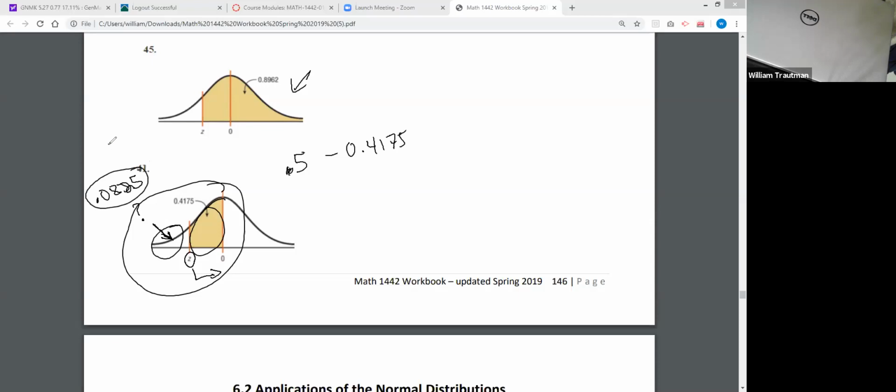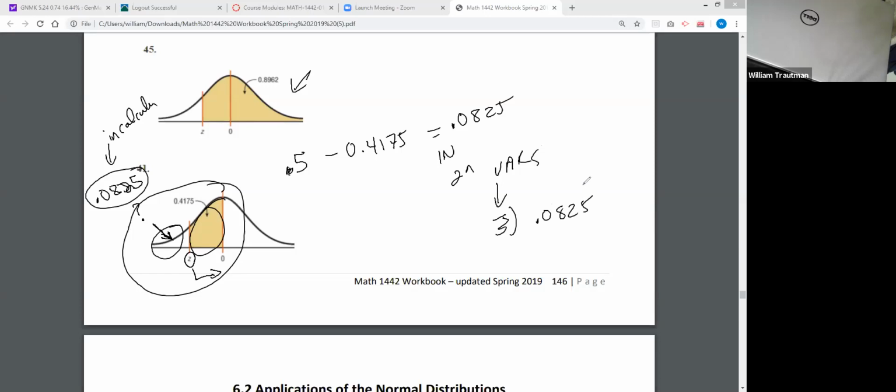This is what we're going to put into the calculator. 0.5 minus 0.4175, which is 0.0825. In the calculator, second vars, number 3, and I'm going to put in 0.0825.